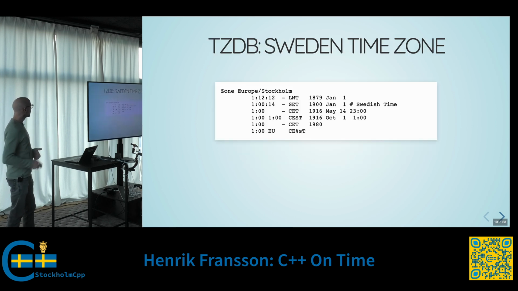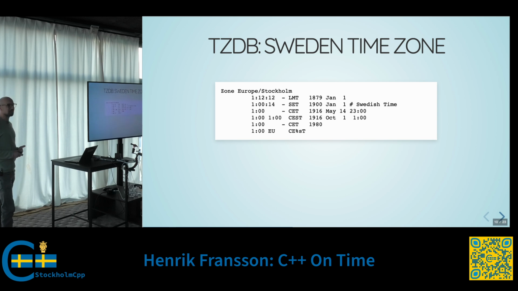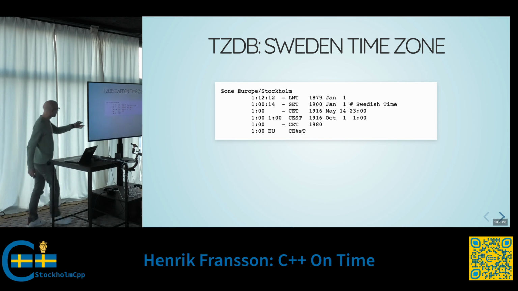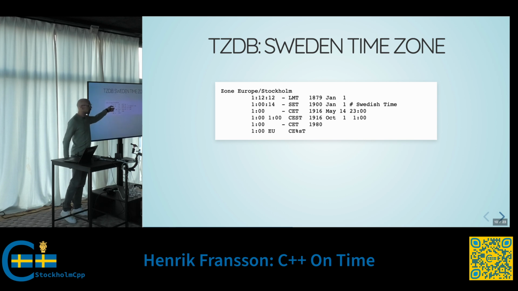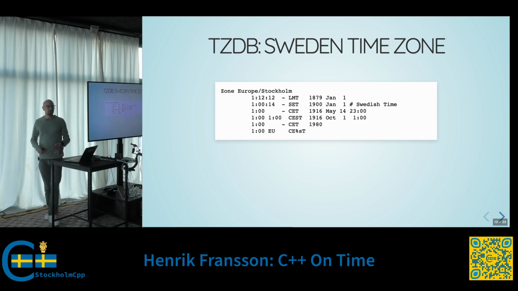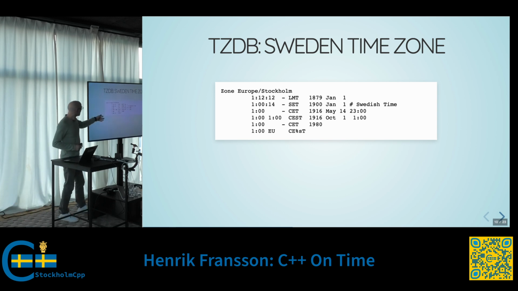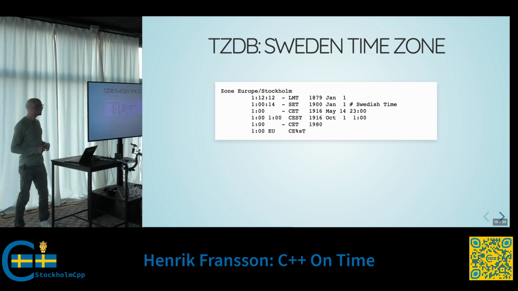And since this is a database, I downloaded it and I looked at the Swedish entries, and it wasn't that many. These are the time zone changes in Sweden. And you see in the beginning, in the 1800s, our offset compared to Greenwich was 1 hour, 12 minutes, and 12 seconds, because we were following the sun at the observatory somewhere around here in Stockholm. And then in the year 1900, the offset changed to 1 hour and 14 seconds, which is almost Greenwich time, but still good enough.